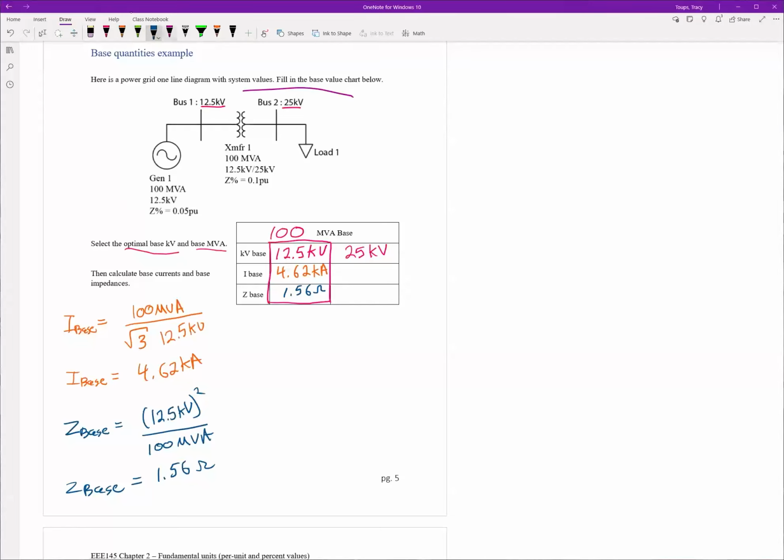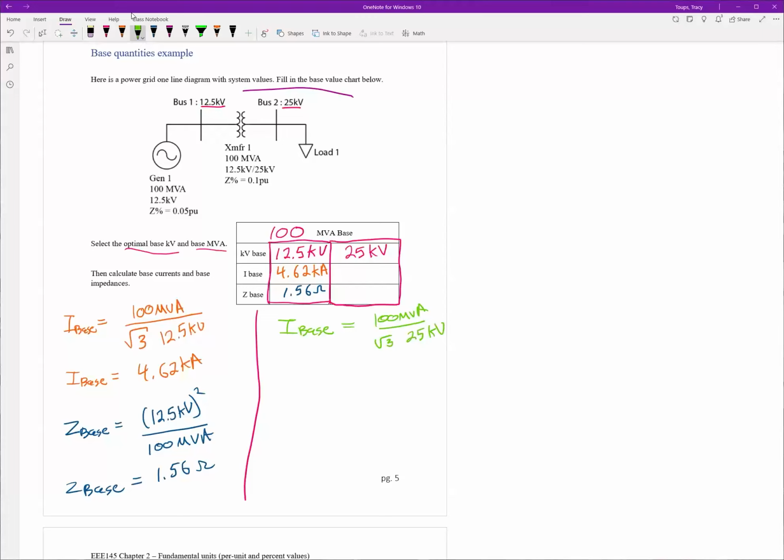So now we did one, we could do the other side, which would be here, our 25 kV side. If I wanted to, I would draw a line down here and calculate my I base for the 25 kV side. The only difference is you would say 100 MVA divided by square root of 3, and this time divide by 25 kV.